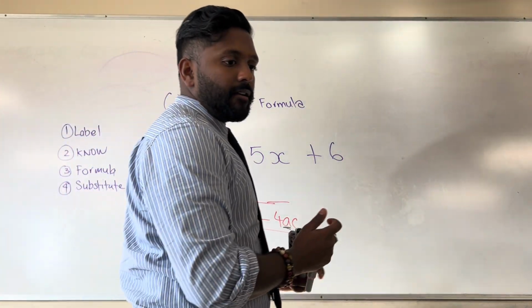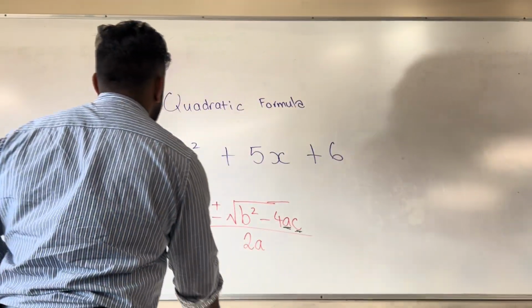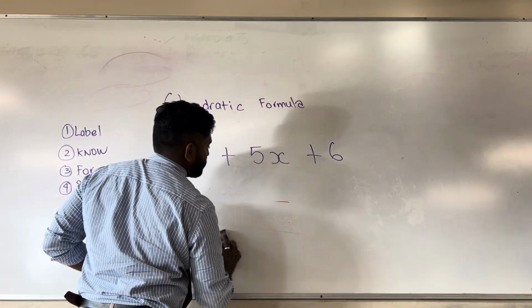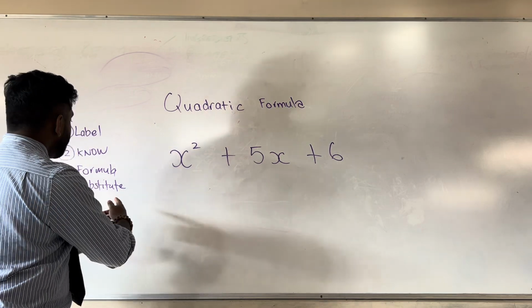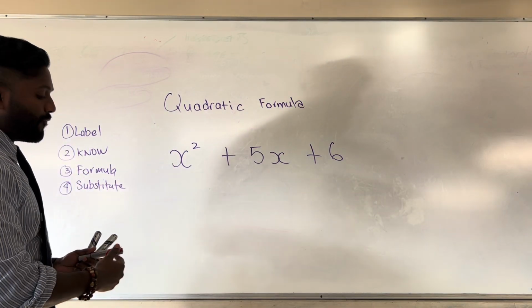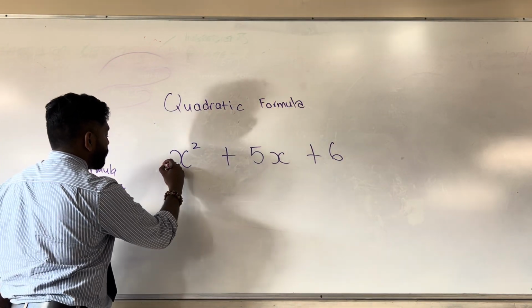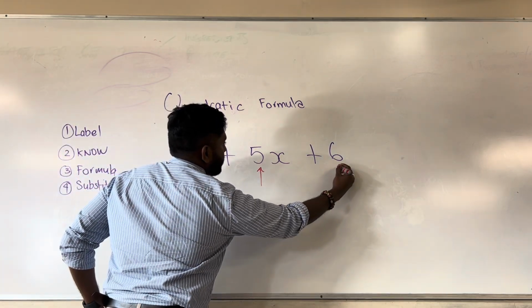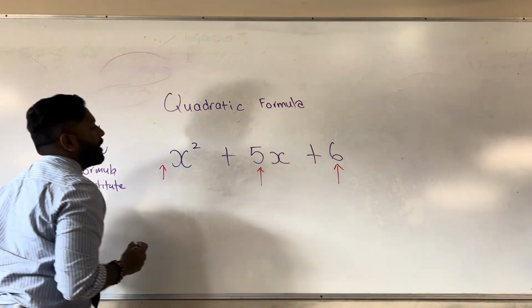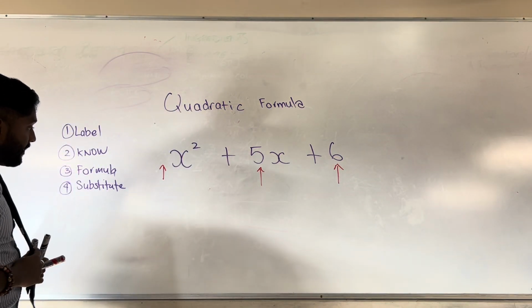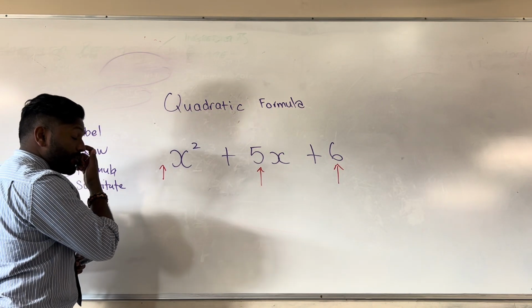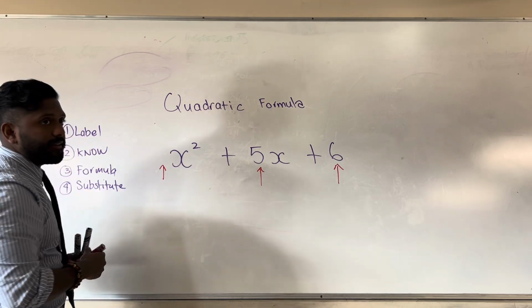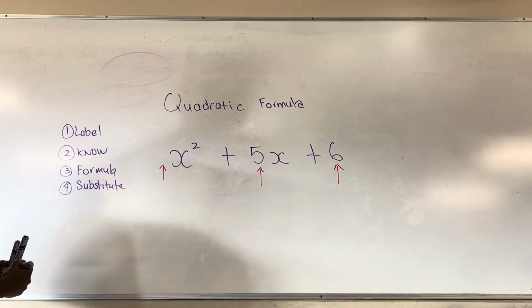So let's start off with the first step, which is label. A, B, and C in the formula represent the coefficients. So here, that's your A, that's your B, and that's your C. Now, the A represents the coefficient of x squared. You can't see anything there, and a lot of people assume that's going to be a 0.